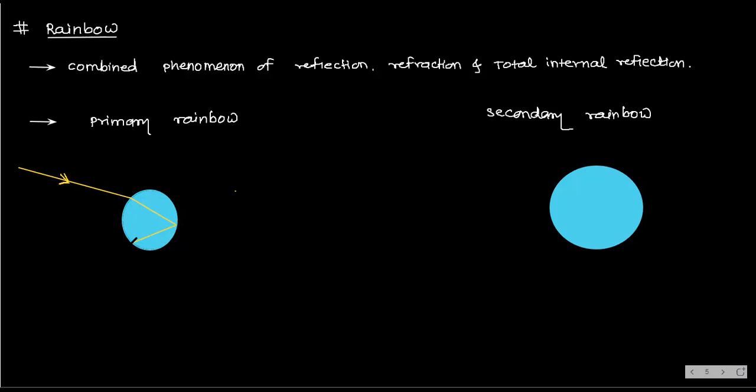And when these two rays come out, first the violet color comes out, and next is the red color. In between, all colors will exist here.